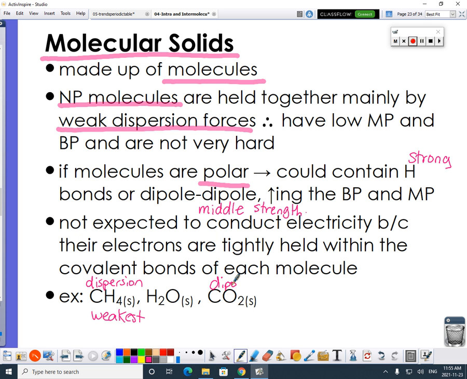This is dipole. And then hydrogen bonding is the strongest. So basically, we already did this. We're just saying, okay, these forces have a variety of strengths, and that correlates into, if you make them a solid, they'll have the same sort of properties.